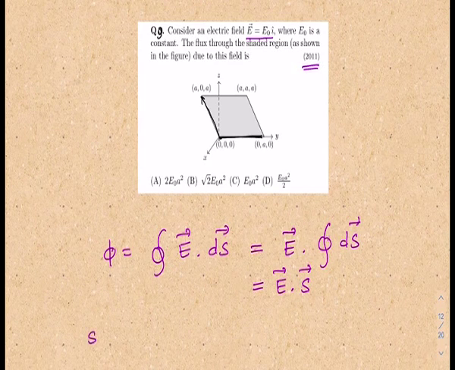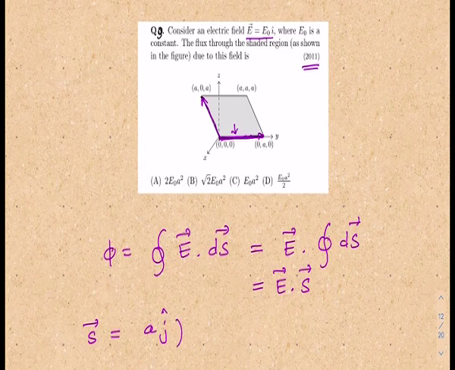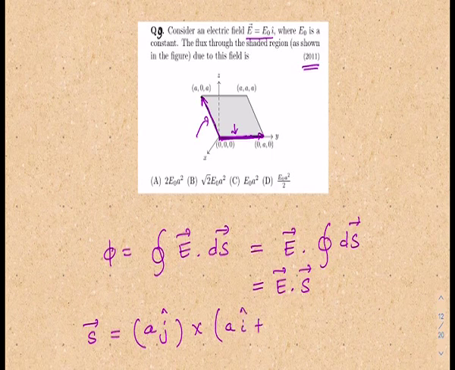This surface area vector S would be given by the cross product of the sides. This side is A, along the y direction only, A j cap, and you take the cross product with this other one, which is along x and z only, so you have A i plus A k cap.